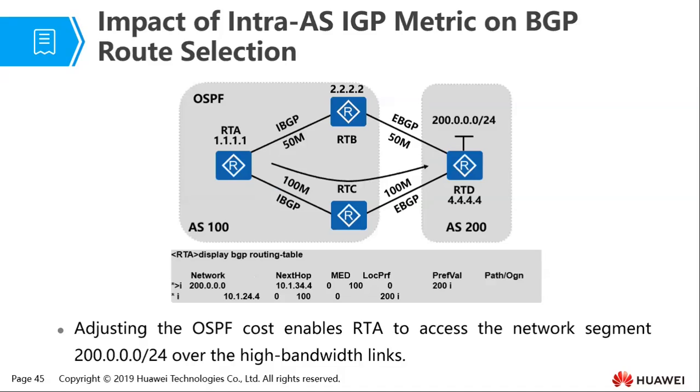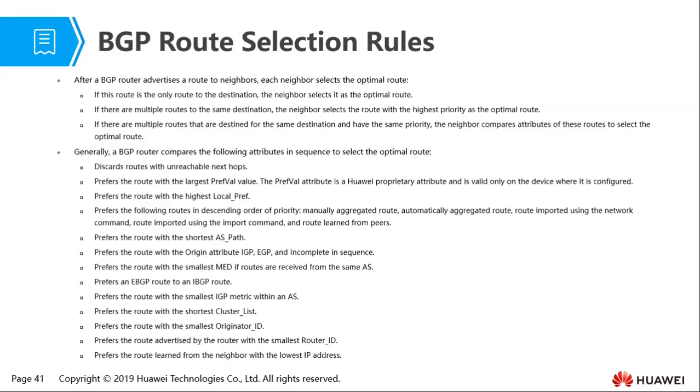Okay, so impact of intra-AS IGP metric on BGP route selection. So the other thing we said when we were looking at the rules, let me see here. One of the rules here was that it prefers the route with the smallest IGP metric within an AS.